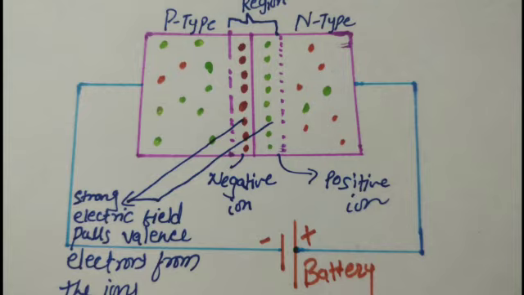The valence electron, which gains sufficient energy from the strong electric field of depletion region, will break bonding with the parent atom. The valence electron which breaks bonding with parent atom becomes a free electron. These free electrons carry electric current from one place to another place.